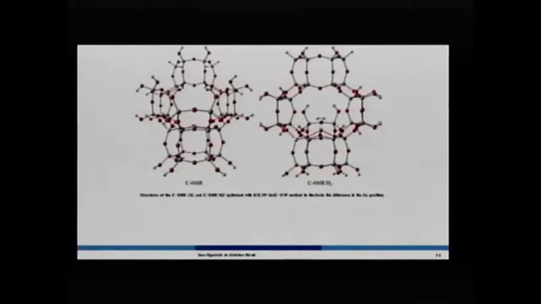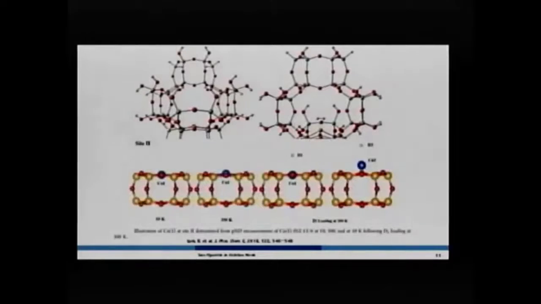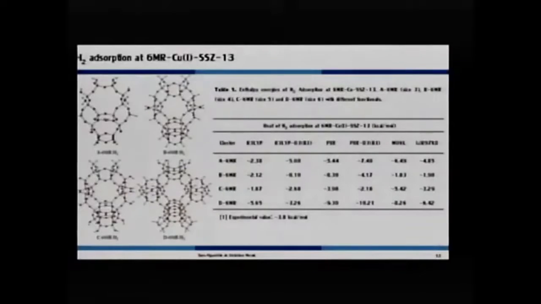When it is bare, the copper stays in the plane of the membered ring. This result was observed experimentally: the copper stays out of plane to interact better, and the adsorption increases when copper is out of plane.